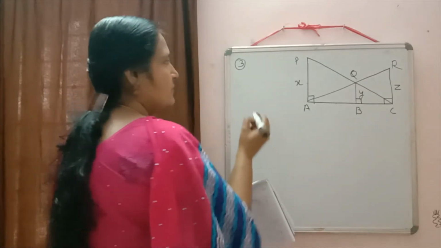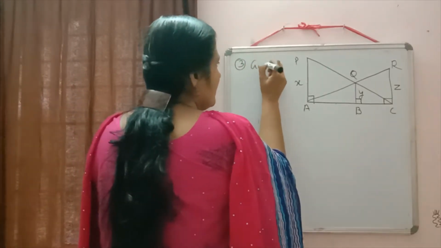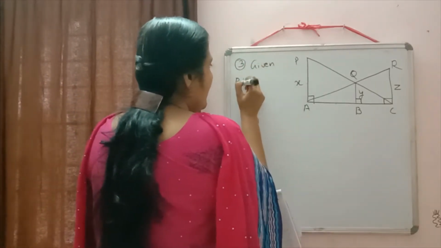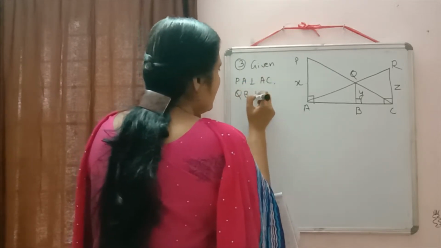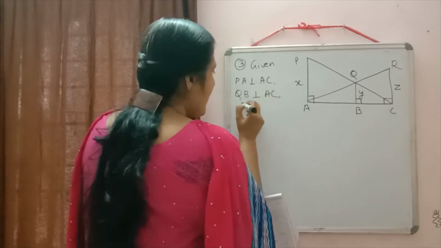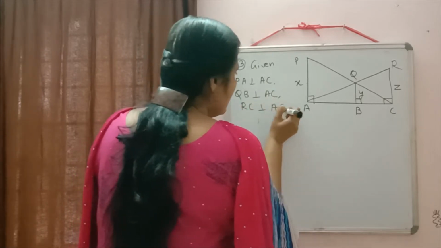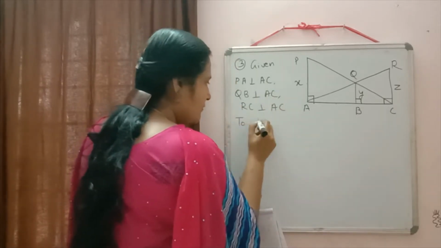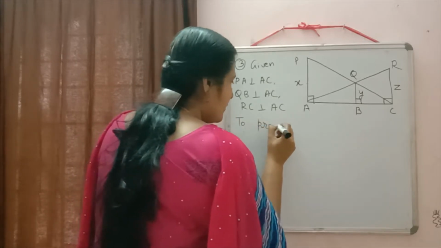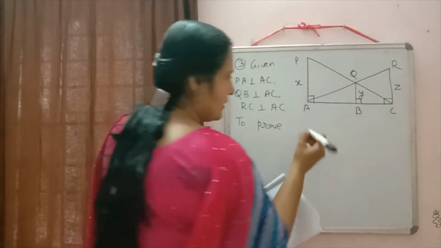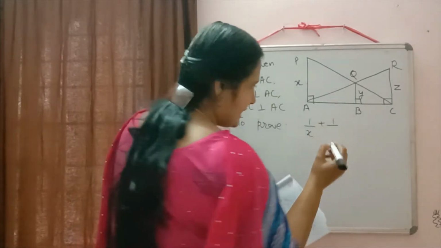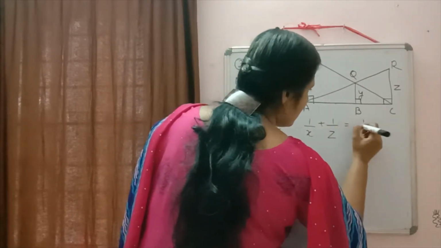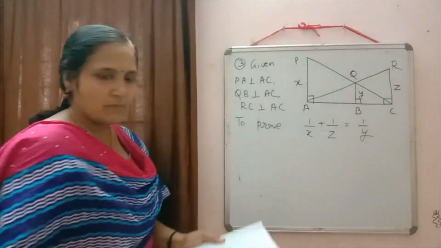So just write down there, given: PA perpendicular to AC, QB perpendicular to AC and RC perpendicular to AC. Then next we will write to prove. Now we will check what we have to prove. We have to prove 1 by x plus 1 by z is equal to 1 by y.